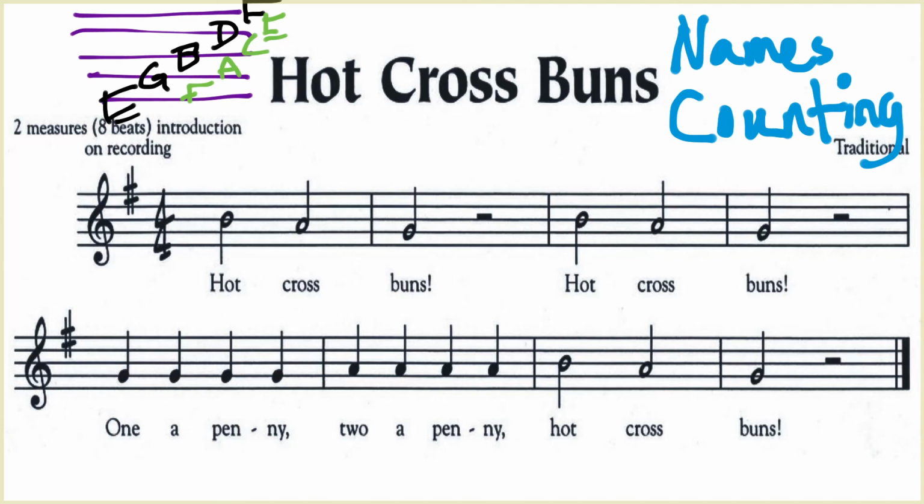We know that our first note name is on the third line, so that's B. Our next note is on the second space, so that's A. And then our note after that is on the second line, so that would be G. Now you'll notice that in music, this happens a lot.